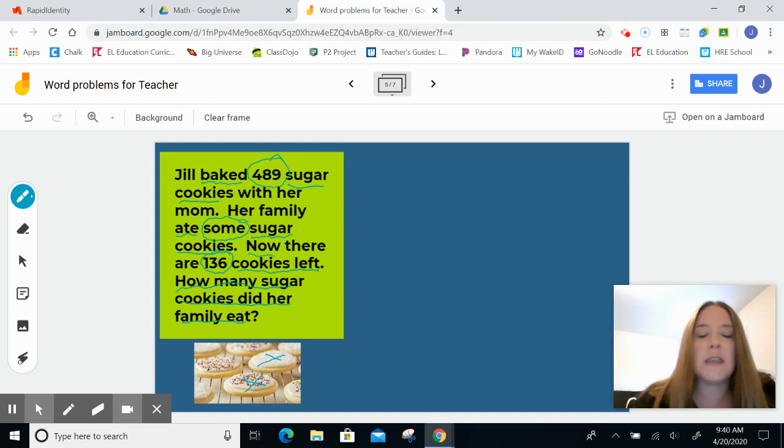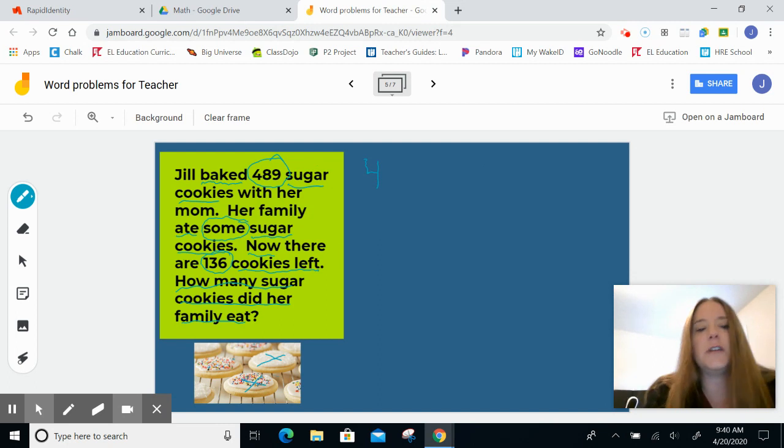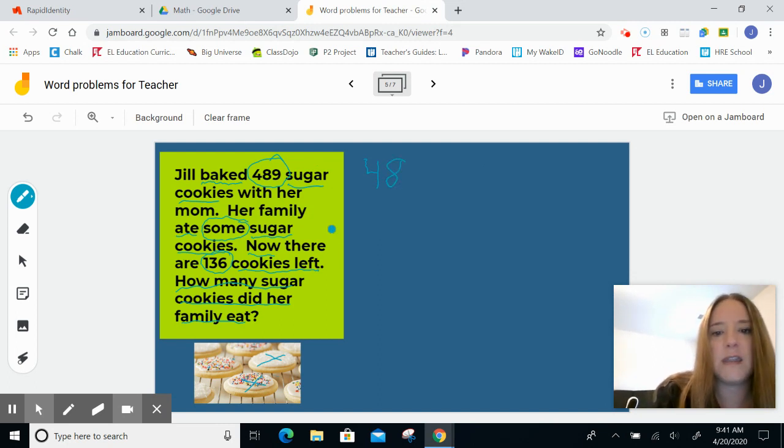So now I have to make my situation equation that matches the word problem. So Jill baked 489. So I got 489 sugar cookies. Her family ate. That big 8 tells me I'm going to subtract. Some sugar cookies.